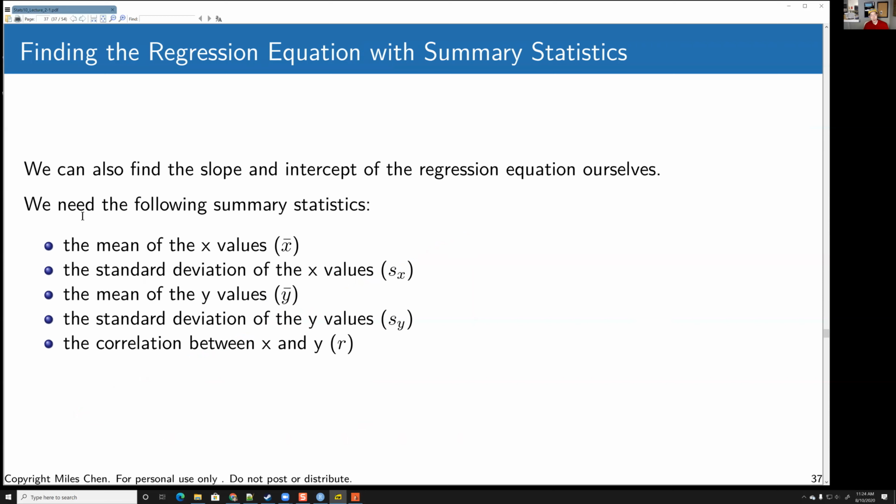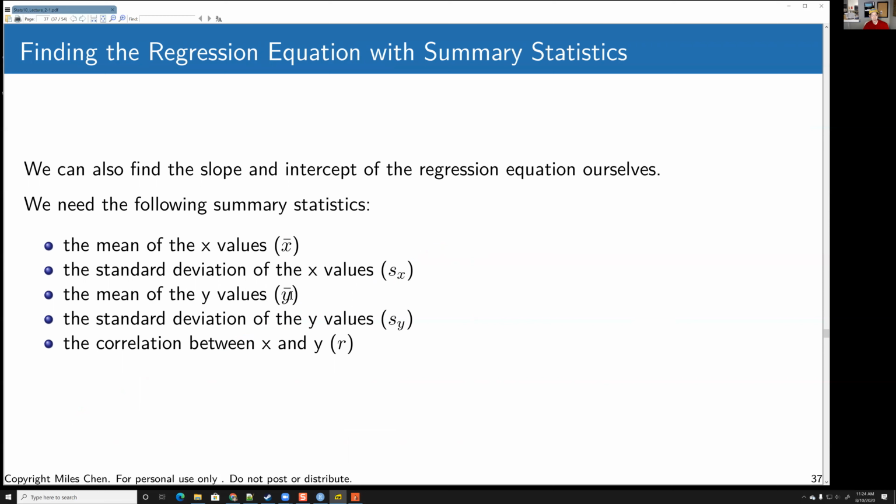We can also find the regression equation ourselves using summary statistics. You would need these 5 summary statistics: the mean of the x values, x bar, and the standard deviation of the x values, s sub x.